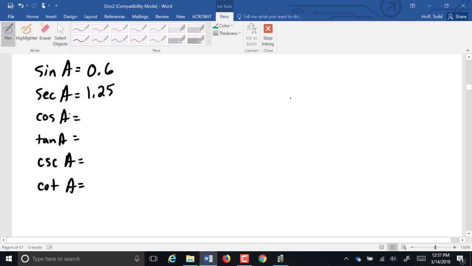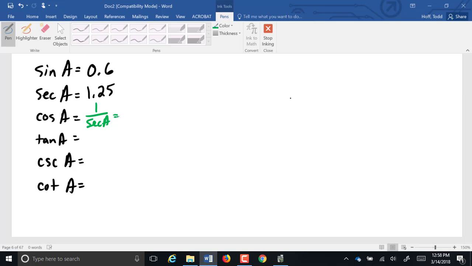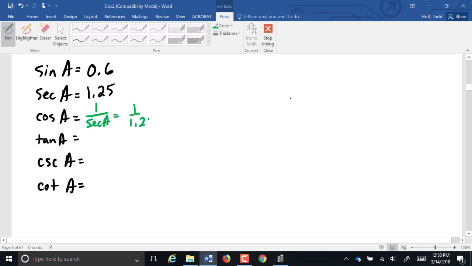How do we find the cosine? Sine times secant would give you tangent, yes. But the cosine is 1 over the secant. So that's 1 over 1.25, which is 0.8, correct?